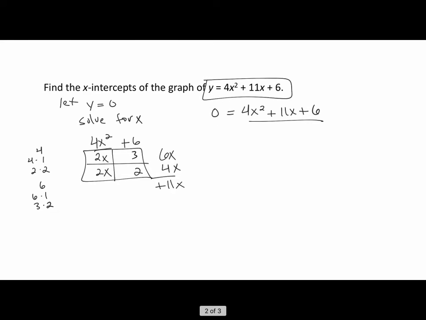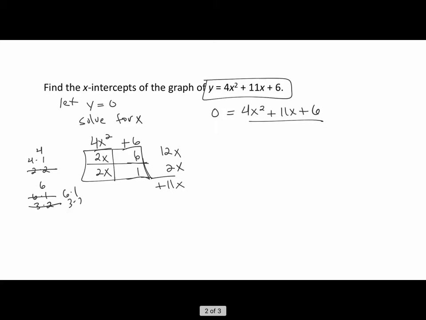So let me just change the factors of 6. So we'll make that 6 times 1. A 12x and a 2x. Nope. That's not going to add up either. So that means we're not going to use 2 times 2.